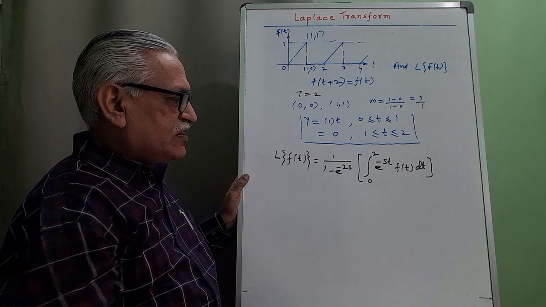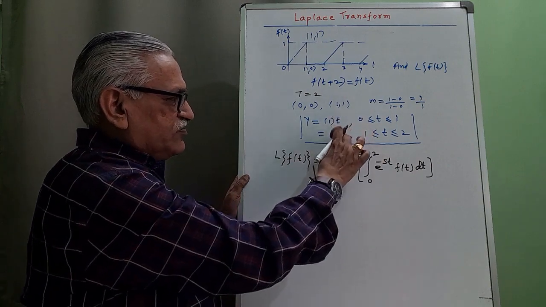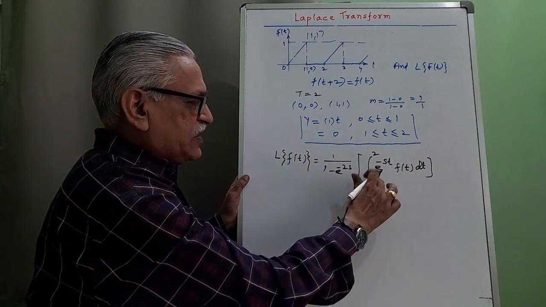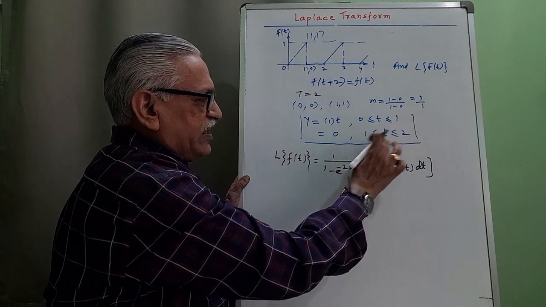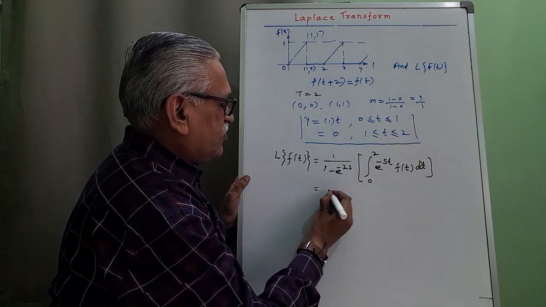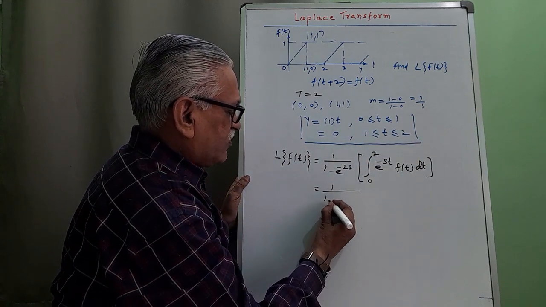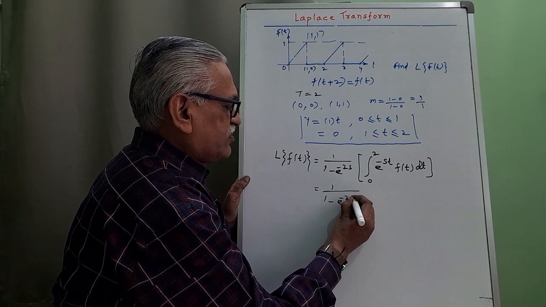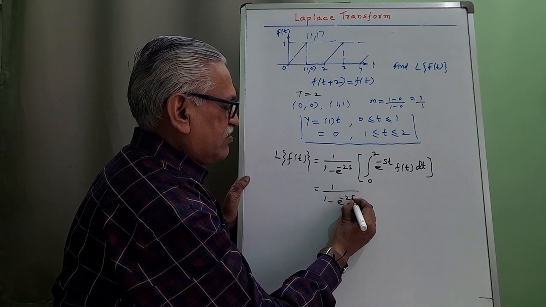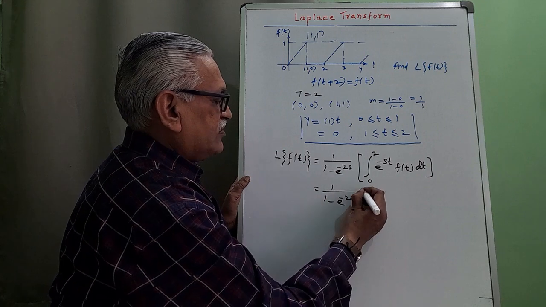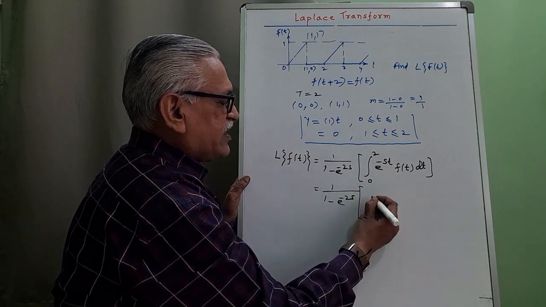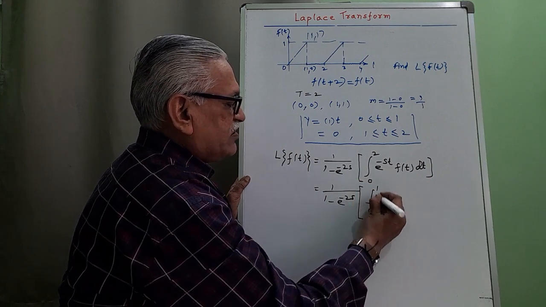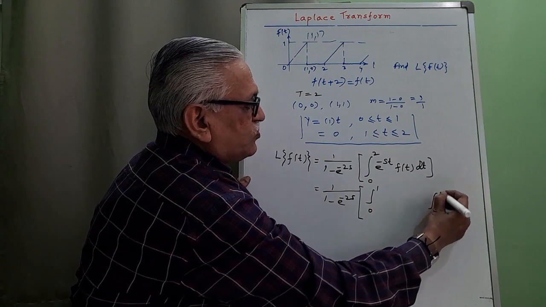Applying that formula, and as it is not a continuous range, we have to split this integral as 0 to 1 and 1 to 2. And therefore, it is 1 upon 1 minus e raised to minus 2s, splitting this integral as 0 to 1 and then 1 to 2.